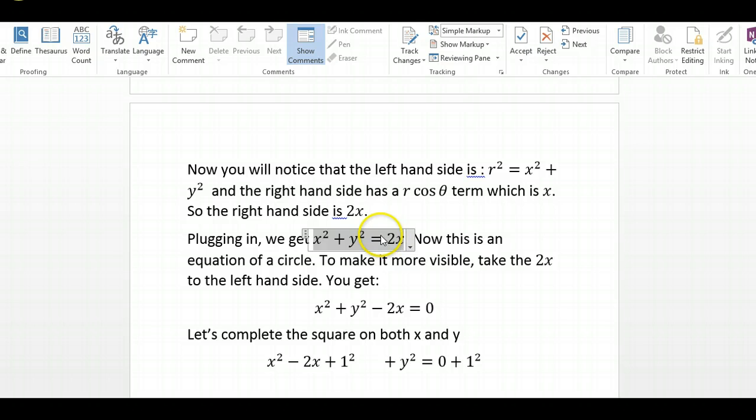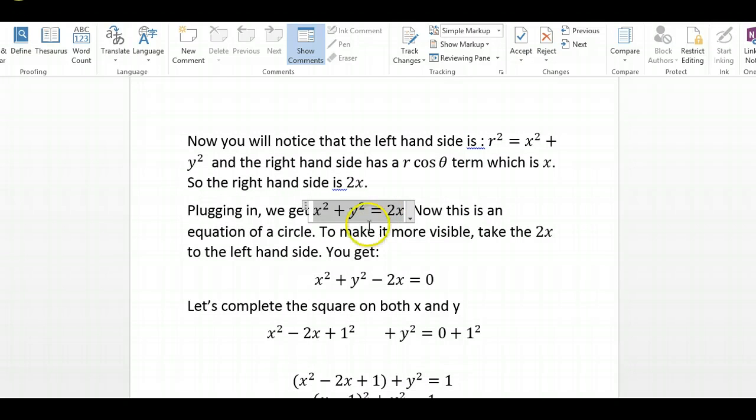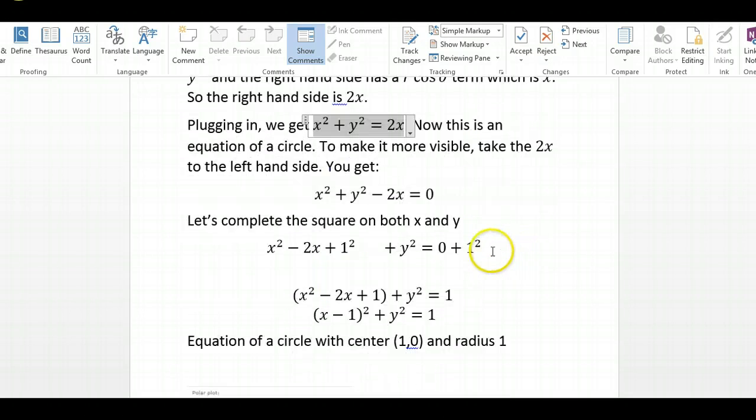But in order to make this look like a circle, you gotta do a little bit of massaging. So you bring the 2x over to this side and make it x squared plus y squared minus 2x is equal to 0. Now you complete the square on both x and y. Here the y squared is by itself, so there's really nothing to complete the square there, but you can complete the square on x.